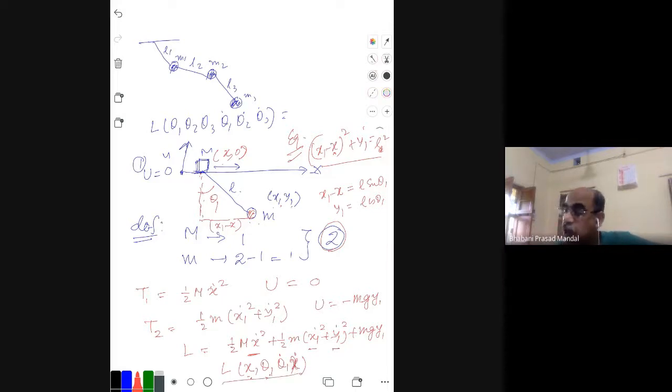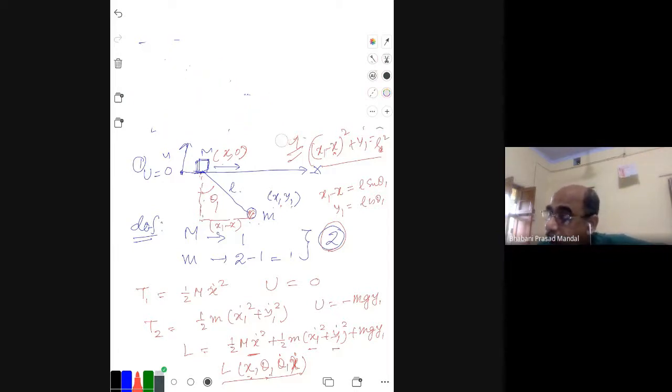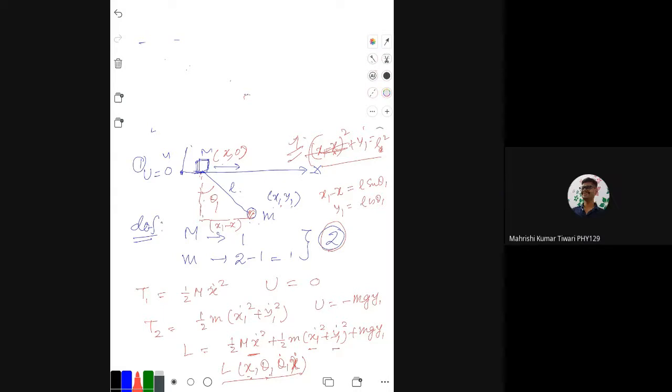So this Lagrangian you can find. I can make life much more difficult, but if you follow this technique, finding the Lagrangian will be very simple. Yes sir, I understand.